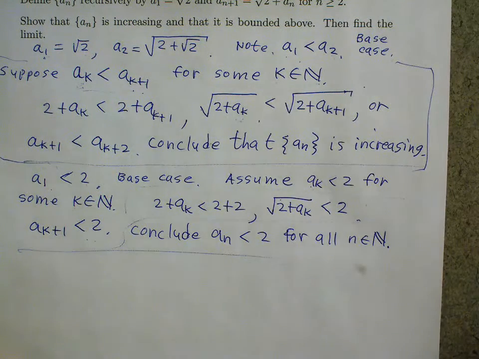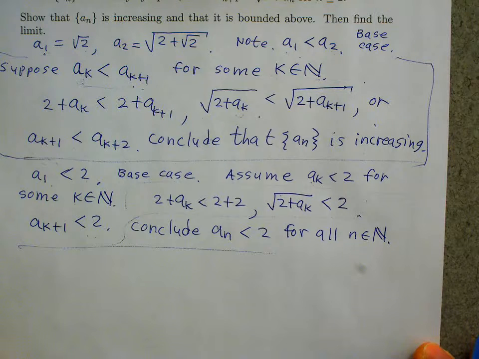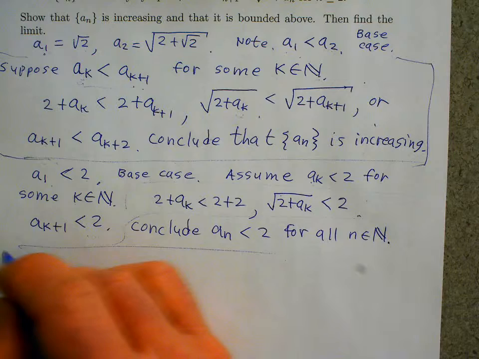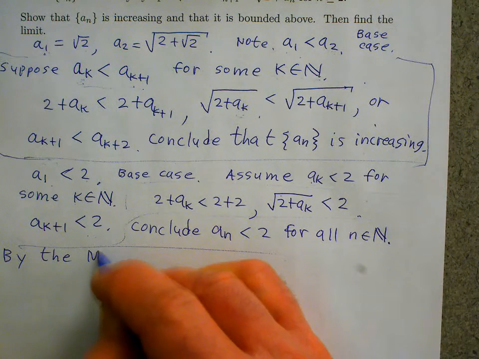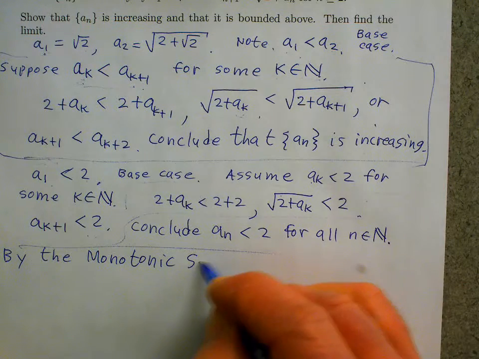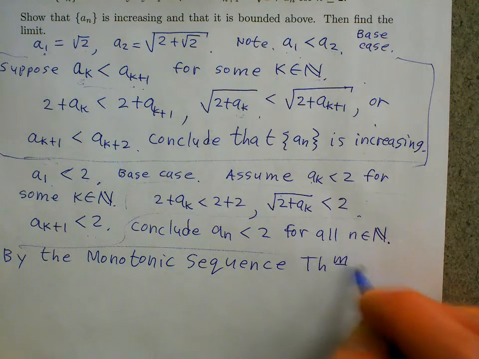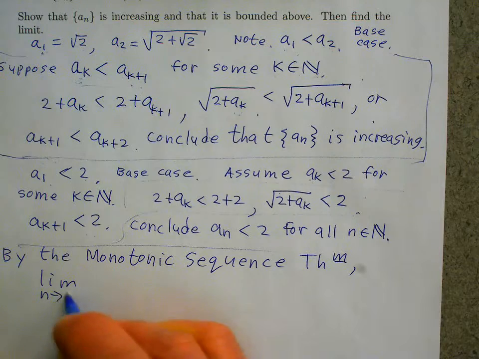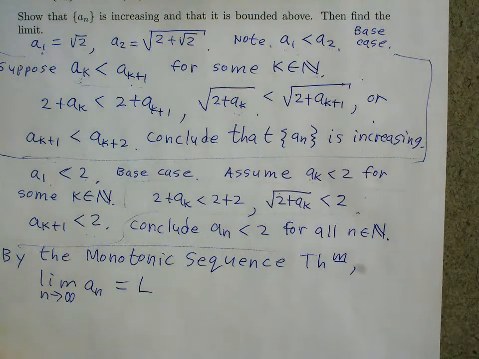Okay, now let's find the limit. By the monotonic sequence theorem, the limit as n approaches infinity of this sequence is equal to a finite number.